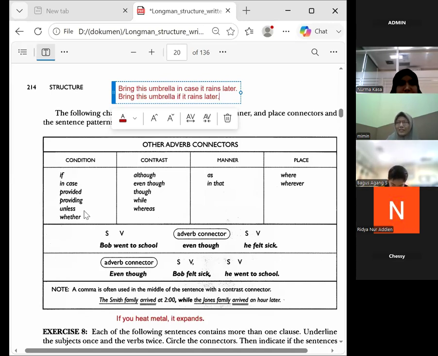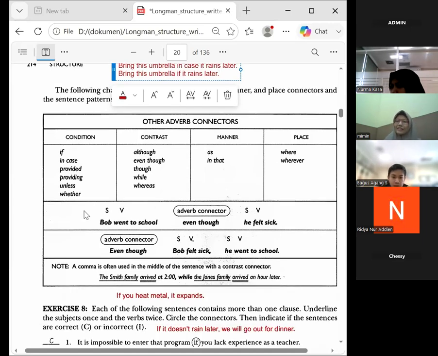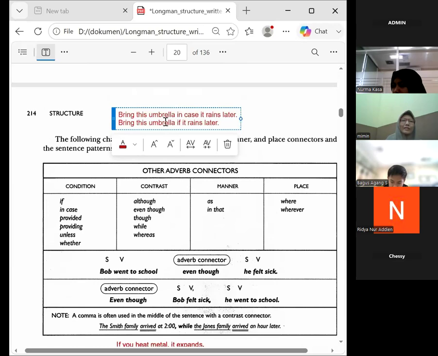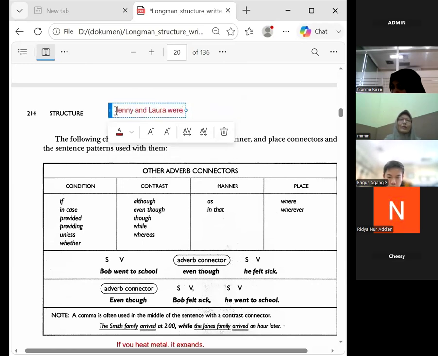Unless, what is unless? Kalau unless? Unless means, okay, I will type a sentence here. For example, Jenny and Laura were having a bitter argument.